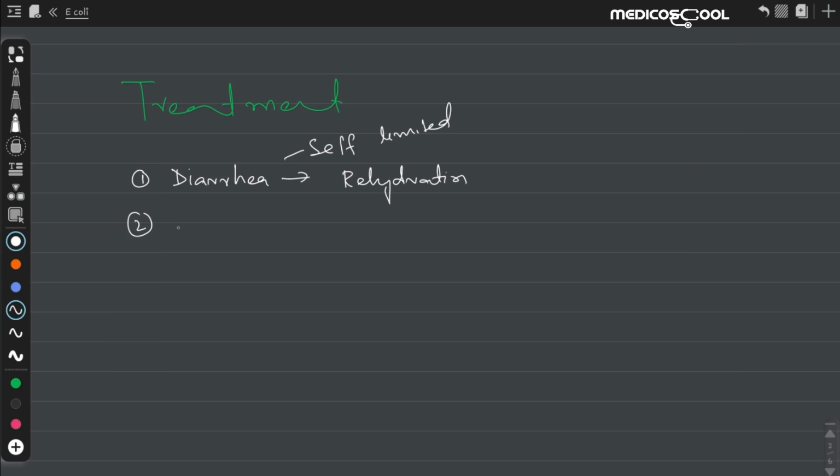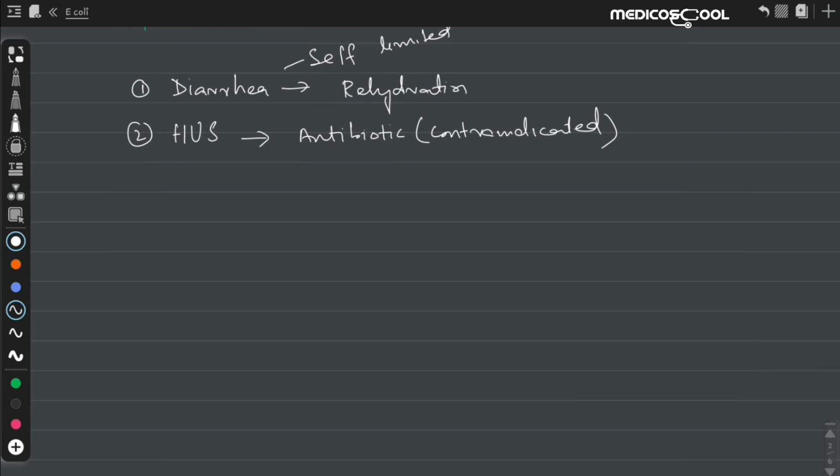The second one is hemolytic uremic syndrome, and in this also we do not use antibiotics, because antibiotics are contraindicated in hemolytic uremic syndrome, as we have already discussed. Keep in mind this point, because the antibiotic will kill or break down the bacteria, and there will be a much greater increase in the concentration of Shiga toxin, and it will complicate the scenario.